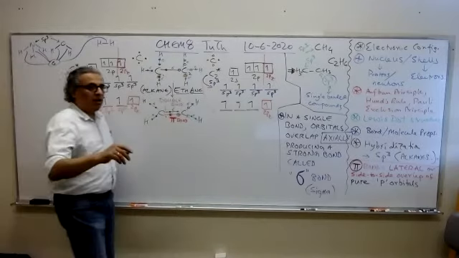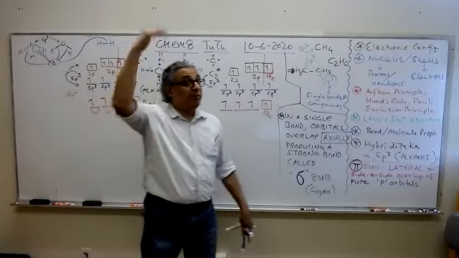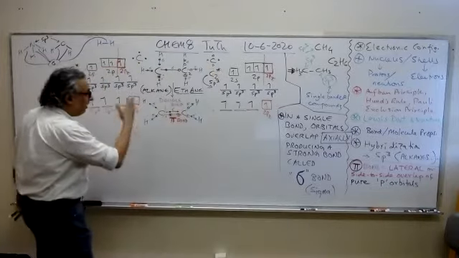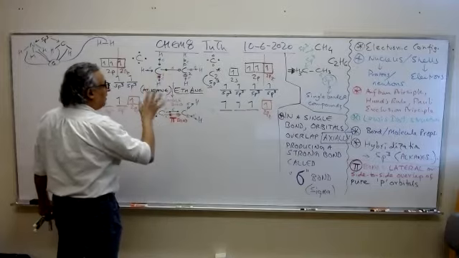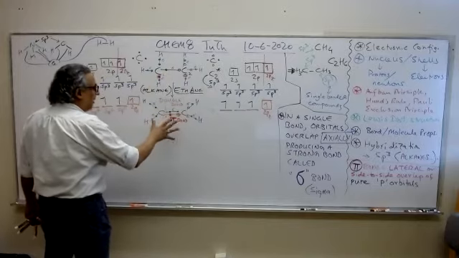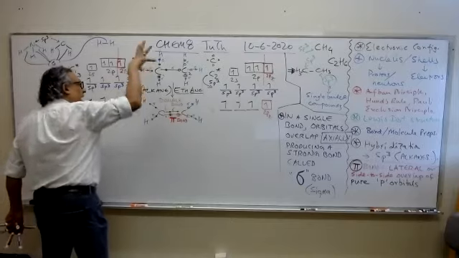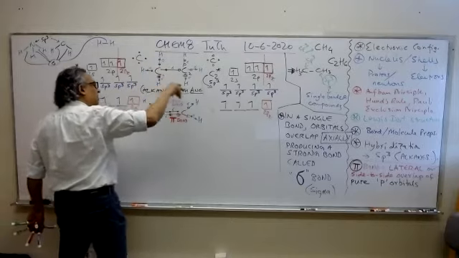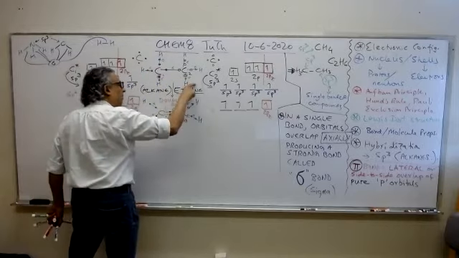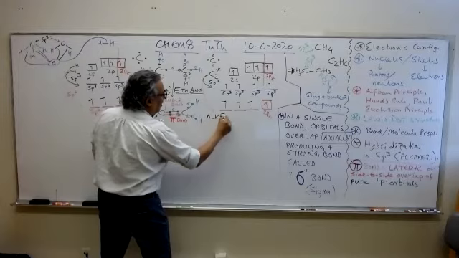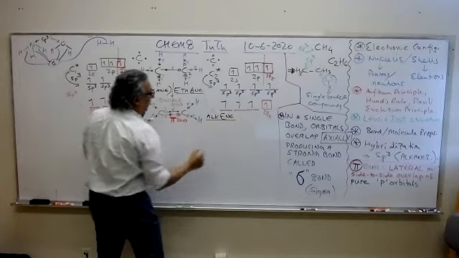So let's talk about nomenclature. We are learning something from the future, not from the present or from the past. We're learning something new right now, kind of. Name this guy. If this is an alkane, and this specific guy in this family of alkanes is ethane, and if this is an alkene, we have done it in the past.